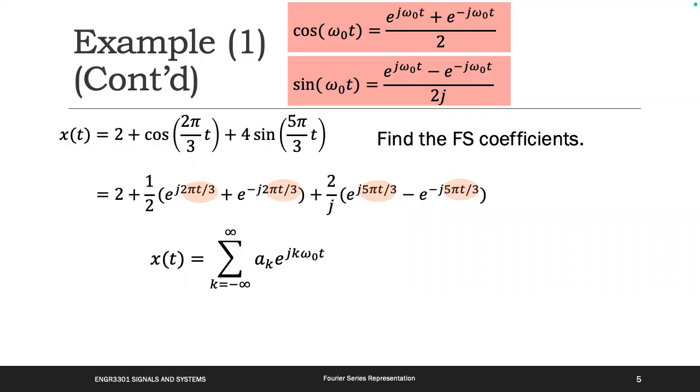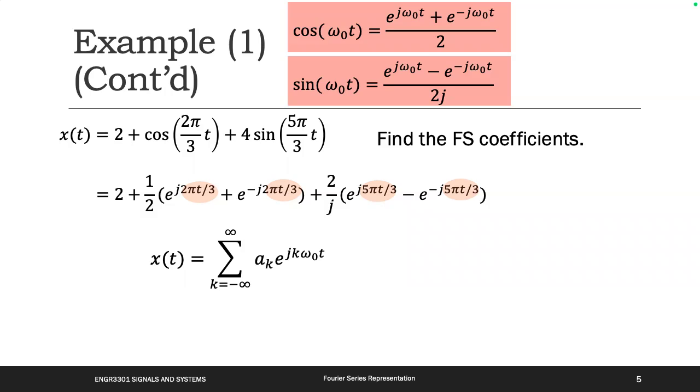So which means it is from negative infinity, a negative infinity multiplied by e^(j negative infinity pi over 3 t), and then plus and so on, plus a negative 5 e^(negative j pi over 3 t times 5).